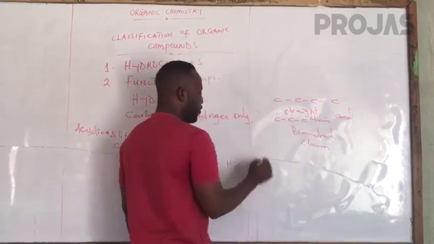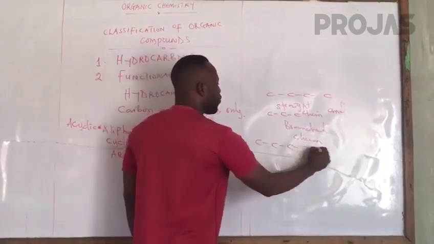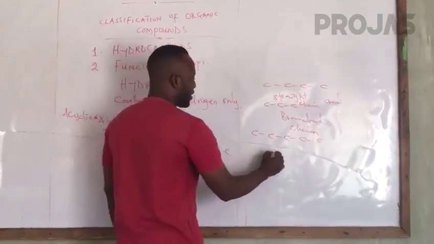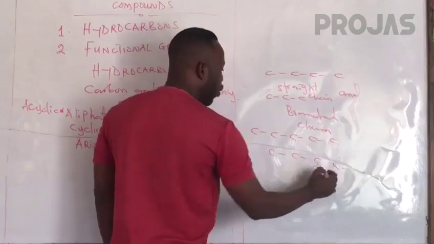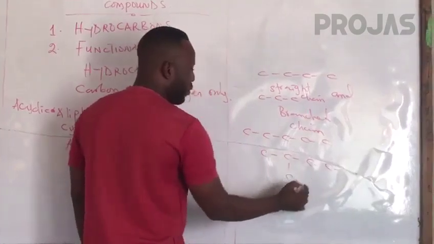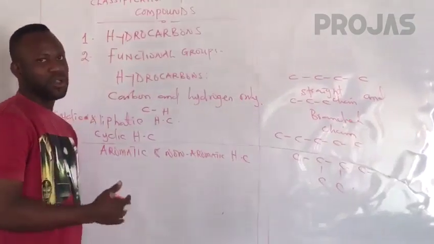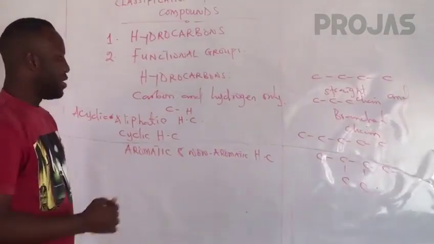If you see a compound whose chain is open, they are referred to as aliphatic. Or you see a straight chain that is open and you have another carbon that is branched in this form, they are referred to as the branched chain. So we have a straight chain and a branched chain.